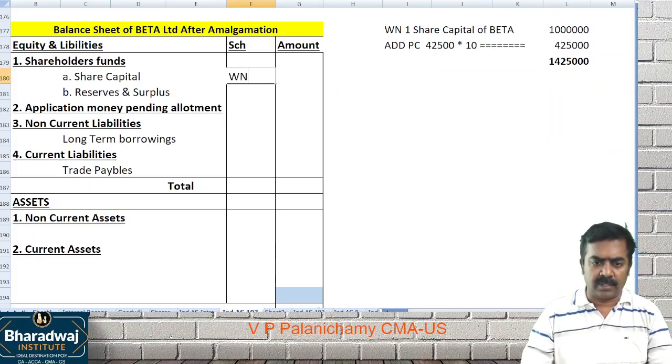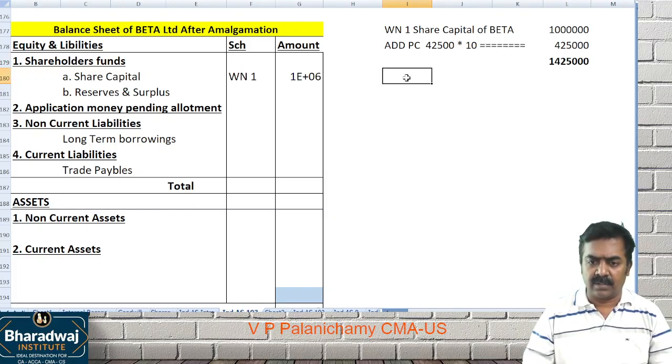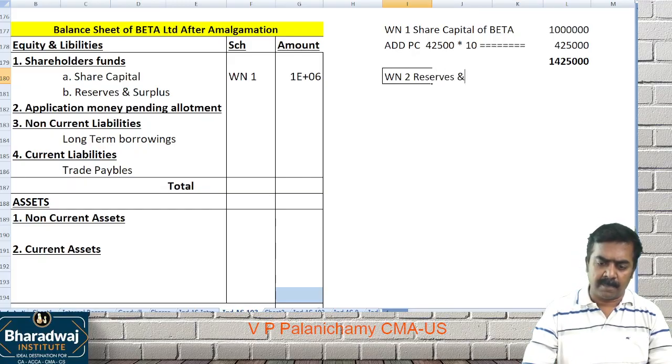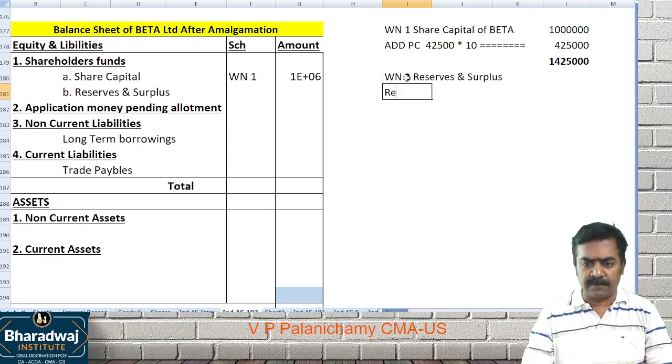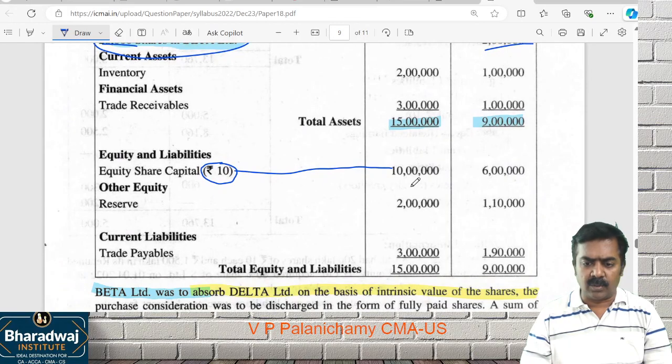So working note 1 is 14,25,000. Working note 2, reserves and surplus. Reserves of beta. What is the reserves of beta given? 2 lakhs.